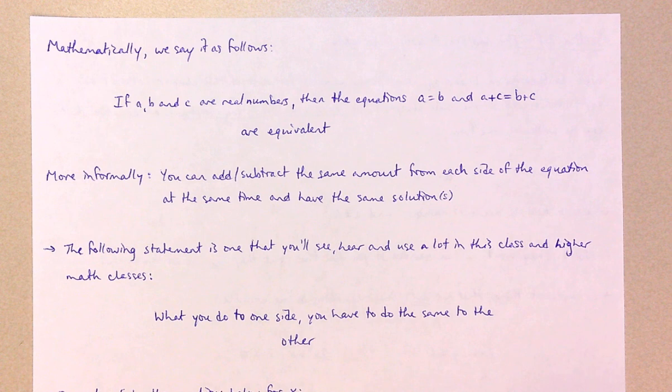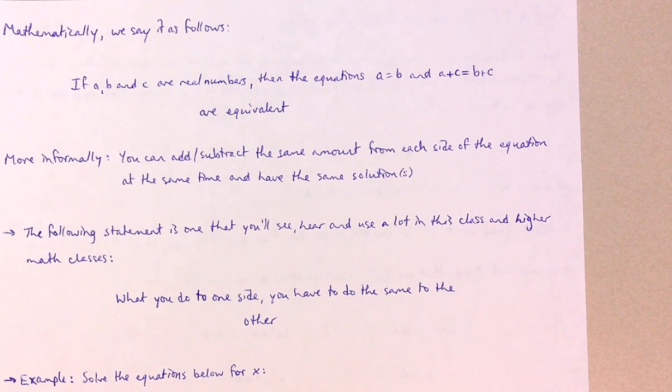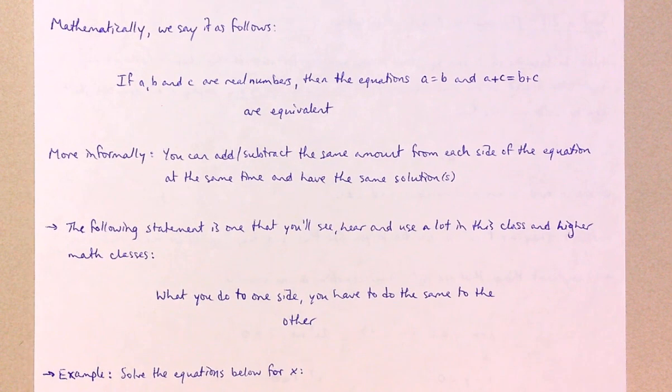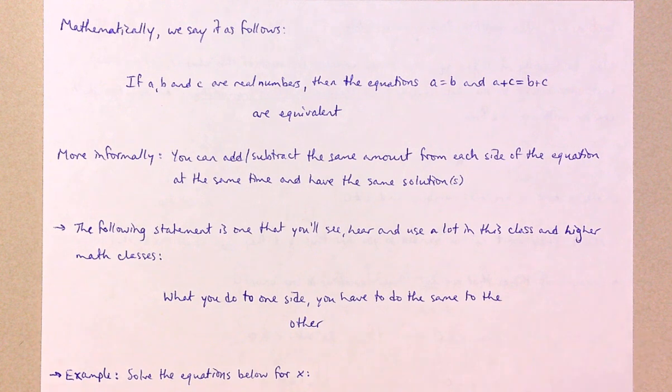Really, all this is saying here is that if you have an equation to start off with, if you add or subtract the same amount from each side of the equation at the same time, then your equation still holds true, and you're going to have the same answers. So add one thing to one side, you have to add the same thing to the other side. Subtract one thing from one side, you have to subtract the same thing from the other side.